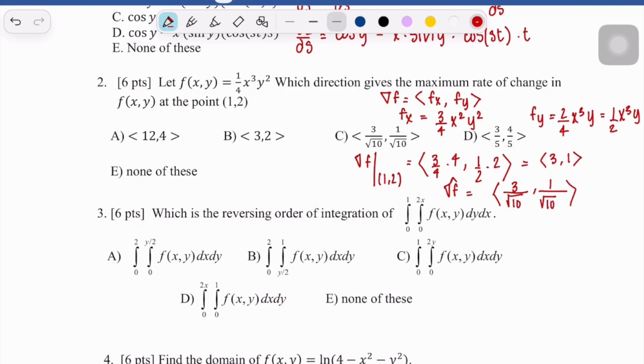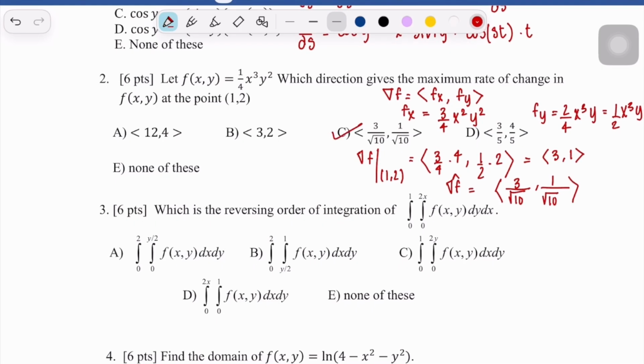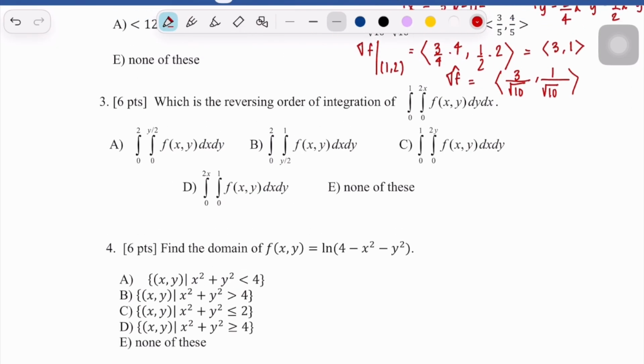Okay, so the direction that gives the maximum rate of change would be this, and any multiple of this would be the maximum rate of change. And since we have this right here, because the other options aren't multiples of this, that is the reason we'll just choose C here.